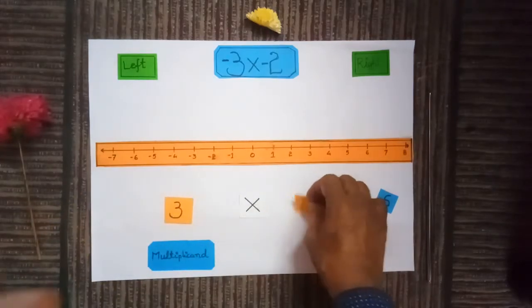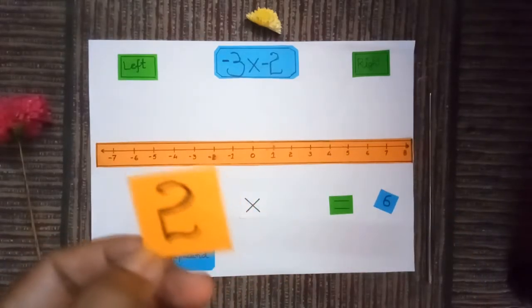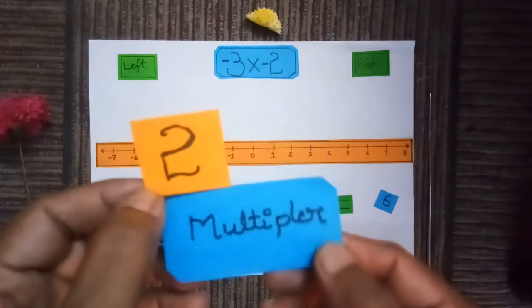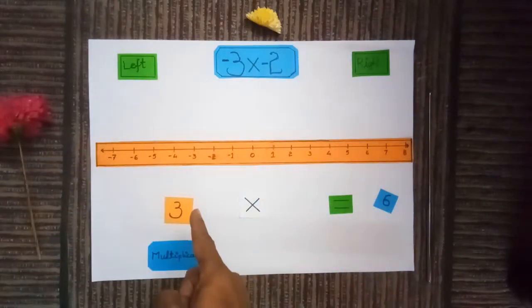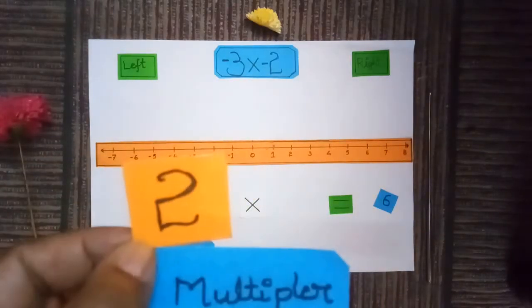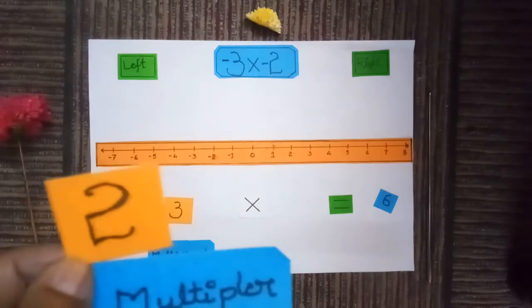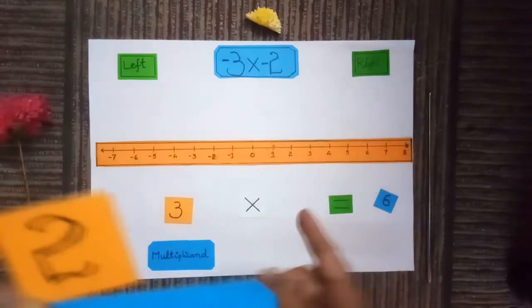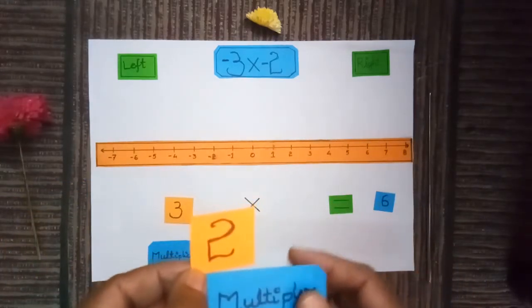So this number 2 is called the multiplier. See the terms? So multiplier 2 means the number 3 has to be repeated 2 times and added, that is 3 plus another 3, and the sum is very clearly equal to 6.